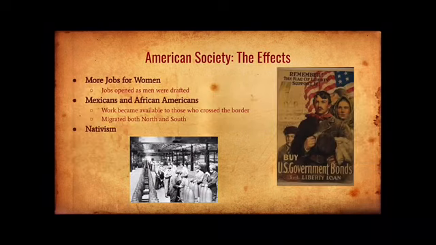So there were a lot of effects of World War I on America, both good and bad, but let's focus on the good right now. Well, mostly the good, but more jobs for women opened up. As men were drafted to the war, people needed to fill their spaces. So women were employed for this, making it really great for women.